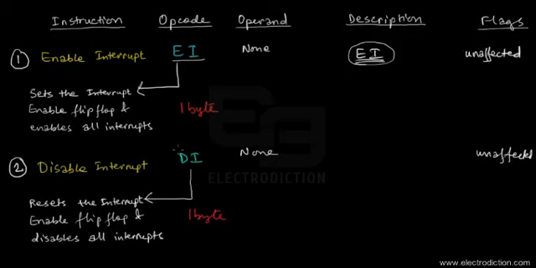Whenever you need to disable the interrupting facilities, you just write this instruction, DI. Whenever the 8085 microprocessor finds it in the program code, it will automatically disable the interrupts.